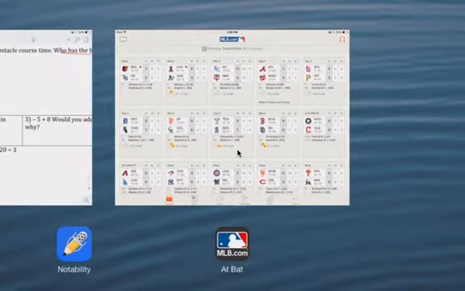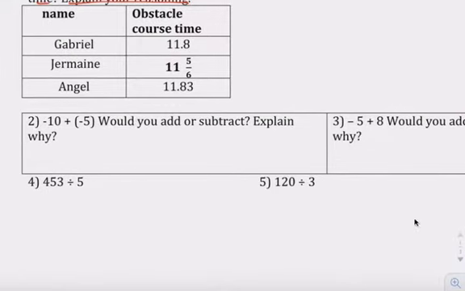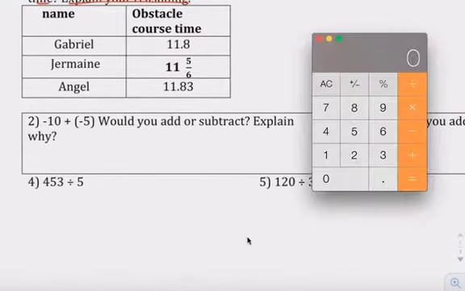If you don't, I'm going to Google a calculator here. 5 divided by 6 for this one. 5 divided by 6. Clear. 5 divided by 6. We do it for the sake of time, okay?